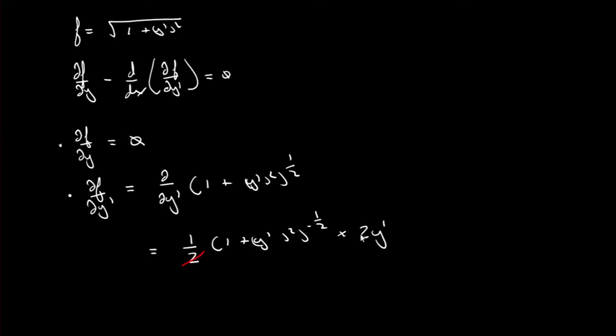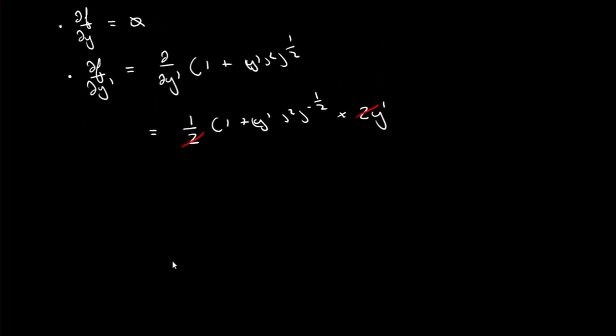We can cancel the factors of 2, and when we simplify, we come out with just y prime divided by the square root of 1 plus y prime squared.